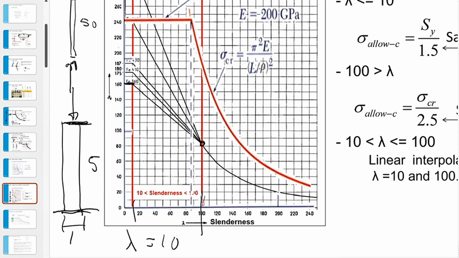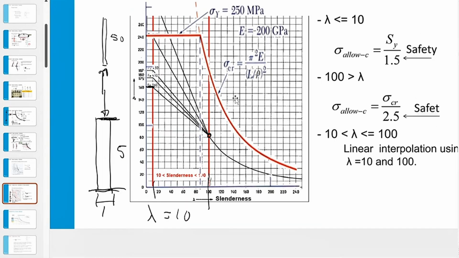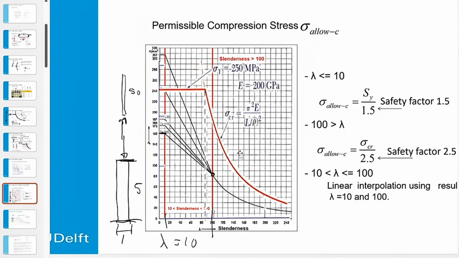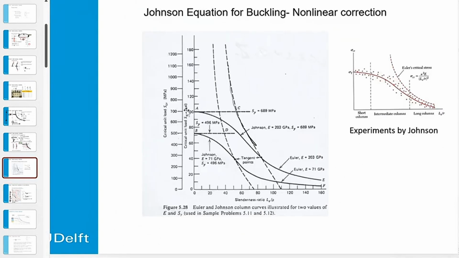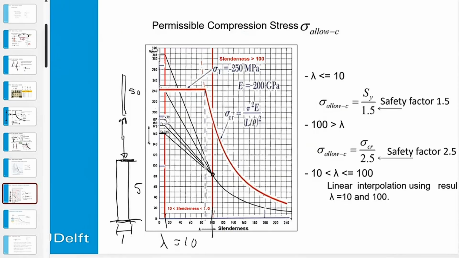That is the origin of the standard which we used in the Netherlands, and we also still use it in the crane standard in the FEM, where instead of this Euler-Johnson curve, which is a bit more complex mathematically, they said, okay, let's take a simple line.